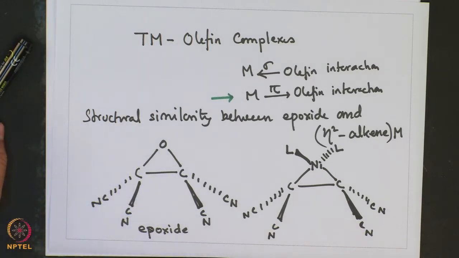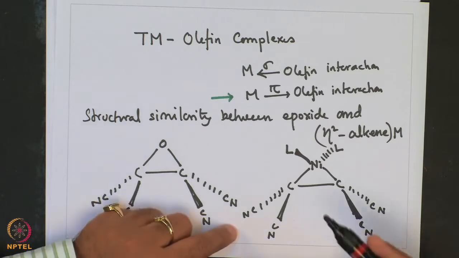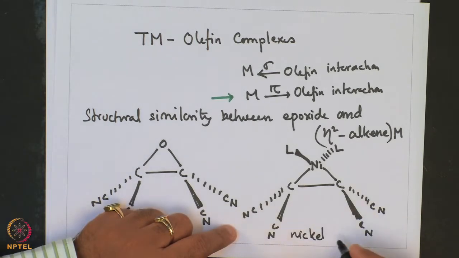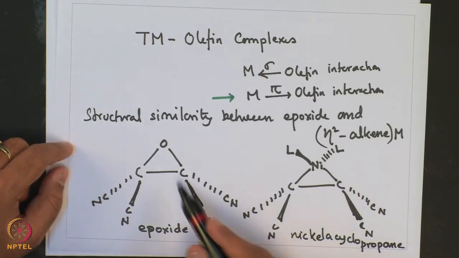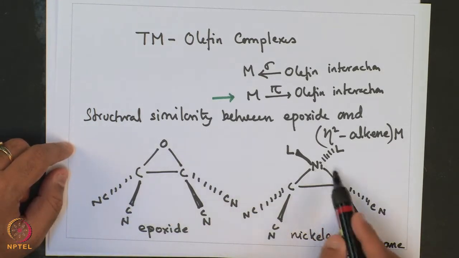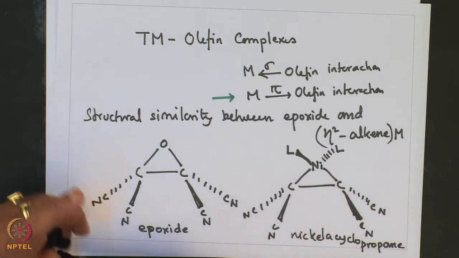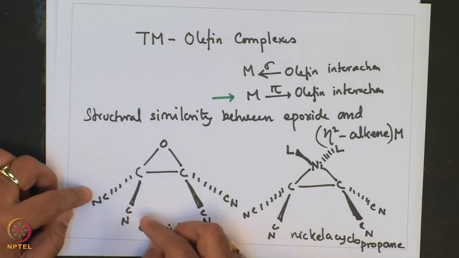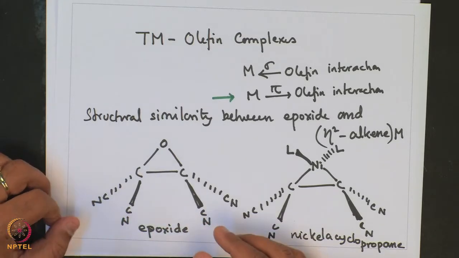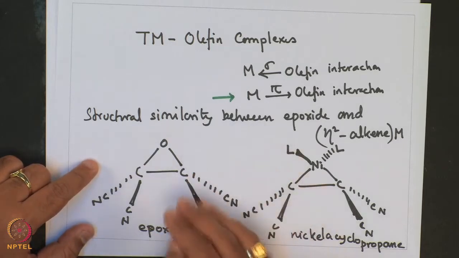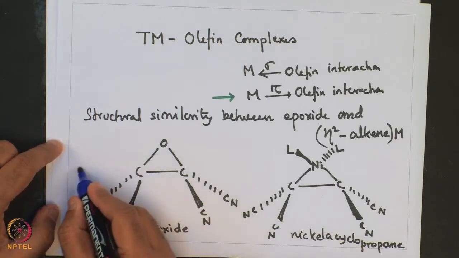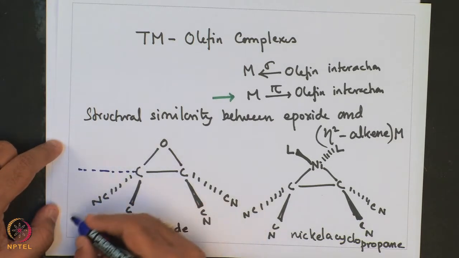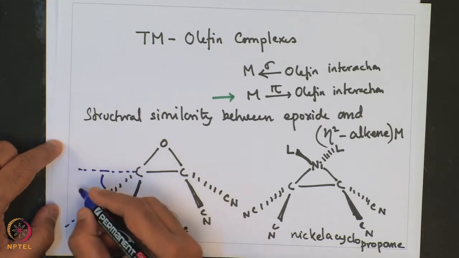This is called nickel cyclopropane. So, this is similar to the epoxide with oxygen on top and nickel replacing the oxygen. Now, these four tetracyano groups are not in the plane and are deviated from the plane by about 32 degrees.